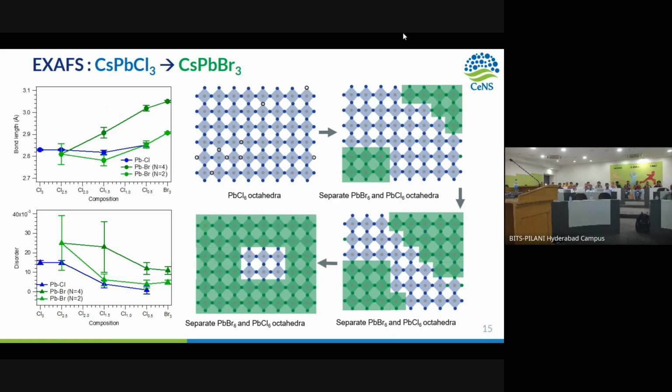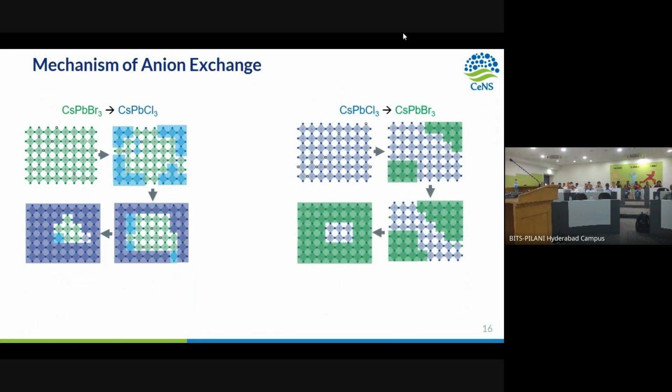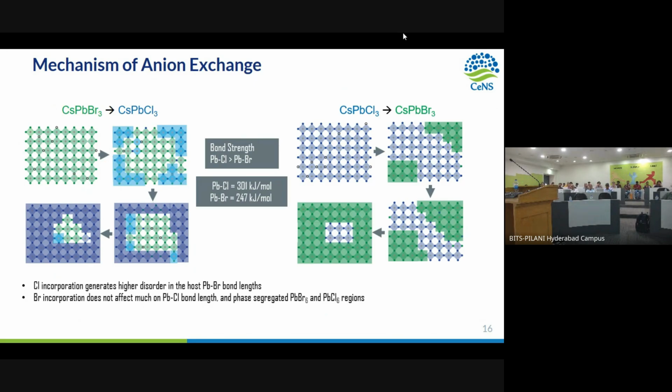Although we are getting a lot of information about this bond length and the relative amounts, these are all indirect methods of analysis. This is not the direct method, EXAFS. So we need to validate these models. This is what I mentioned in the previous slides. If we look at the bond strength, PbCl has a much stronger bond strength compared to PbBr.